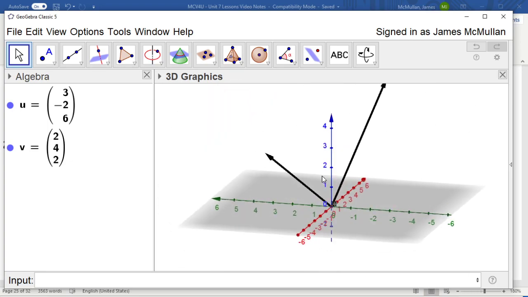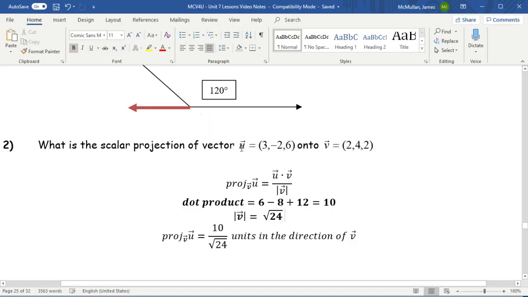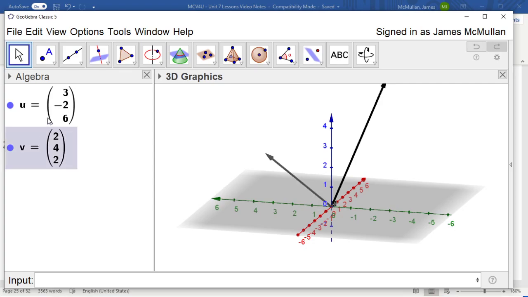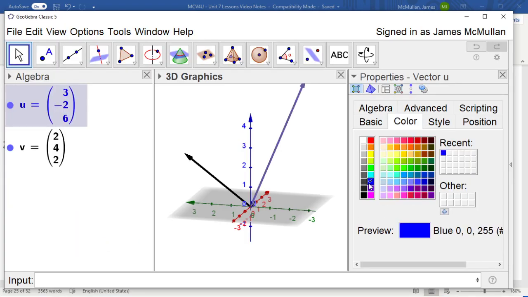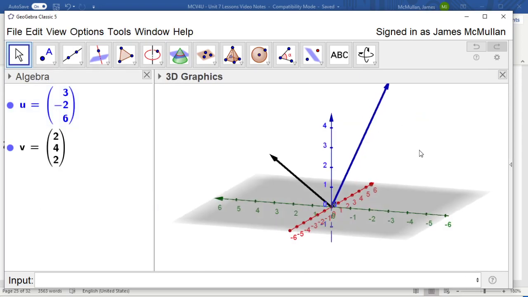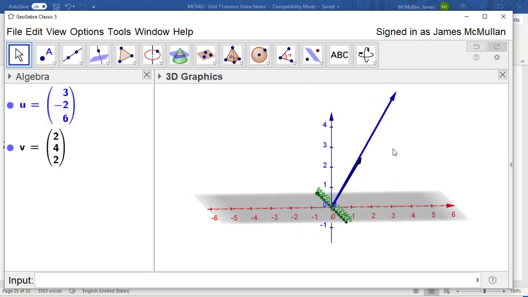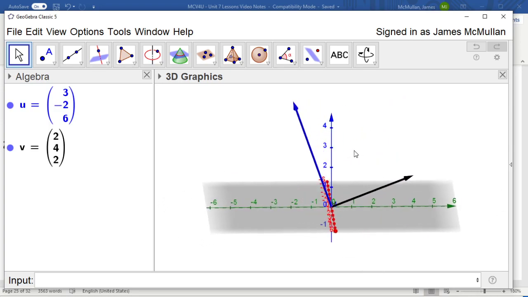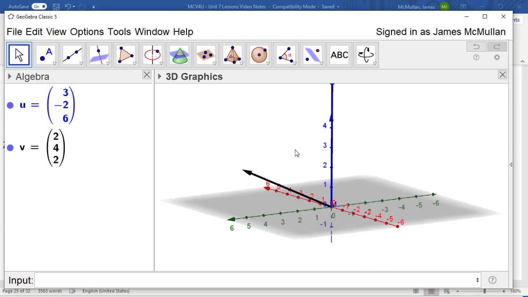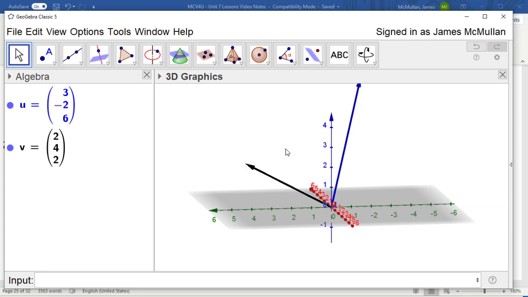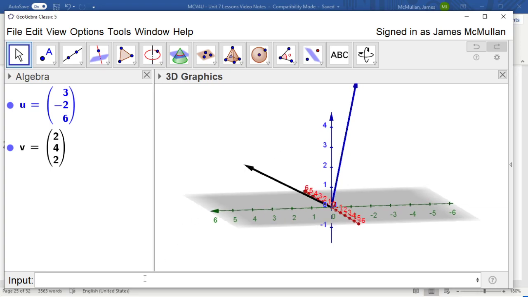We're trying to project u onto v. So let's just change the color of u here. So we'll make u blue. We're trying to ask ourselves, how far in the direction of the black vector does the blue vector actually travel? And what we found, right, is that the answer, so let's call it magnitude, was 10 divided by square root 24.